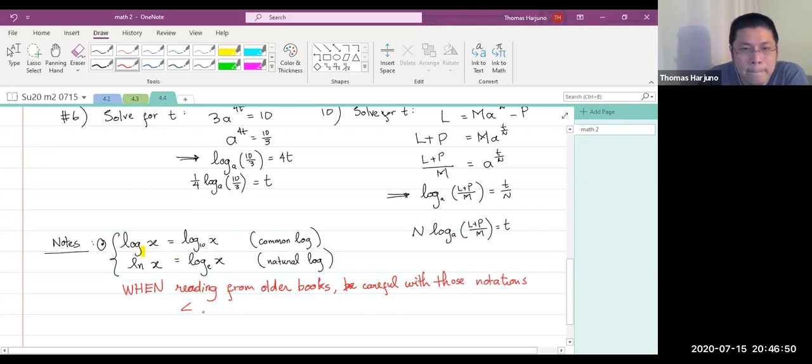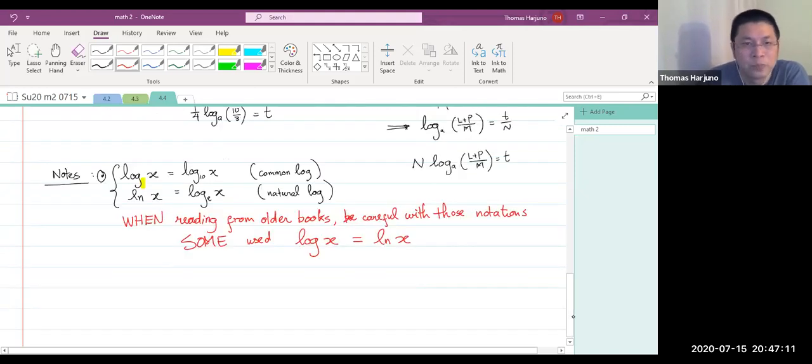Some used log x, which is supposed to be base 10, to be natural log of x. Now, how do we know if their log is natural log? We know it if they write log base 10 of x.